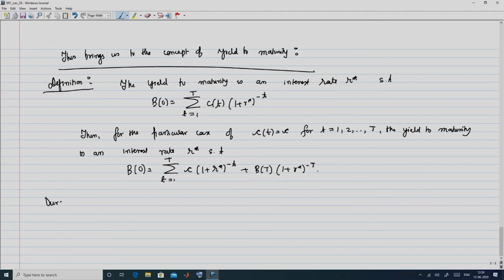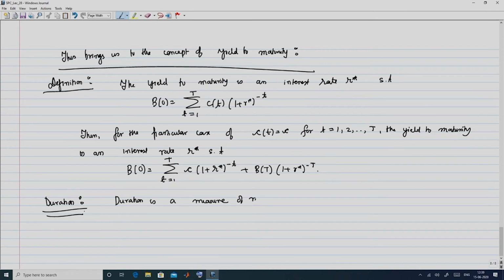So, we next come to the concept of what is known as duration, and this is the point where we start about the bond portfolio management concepts. So, duration is a measure of risk, just like we had in case of stock.